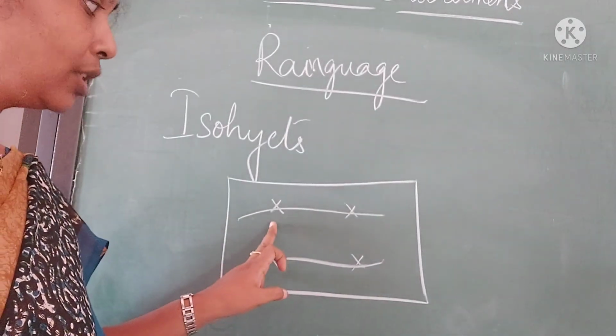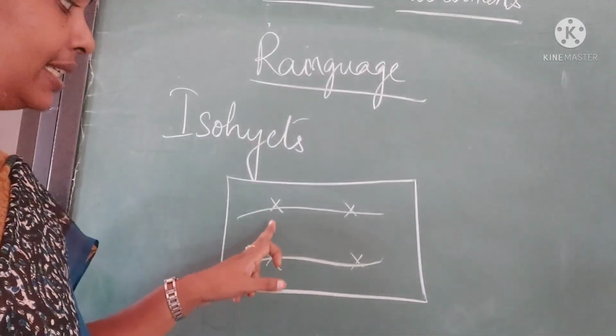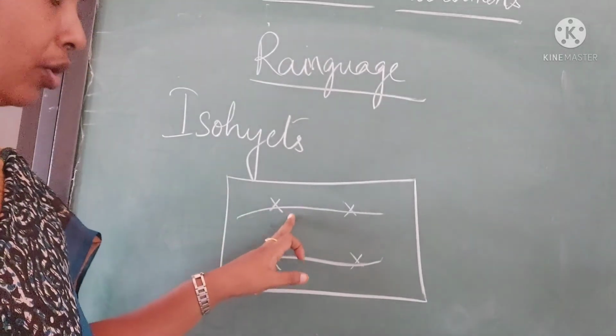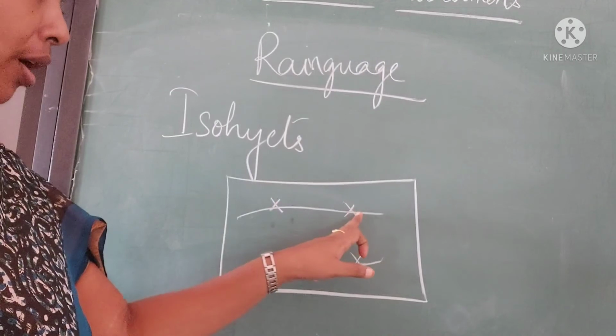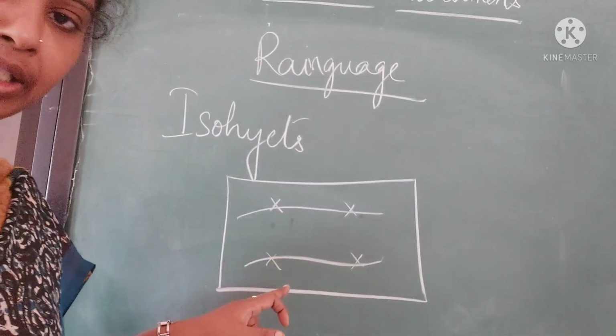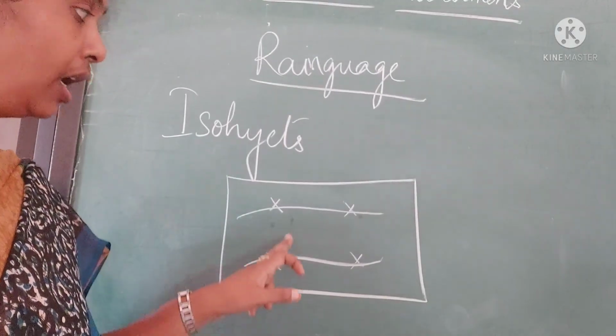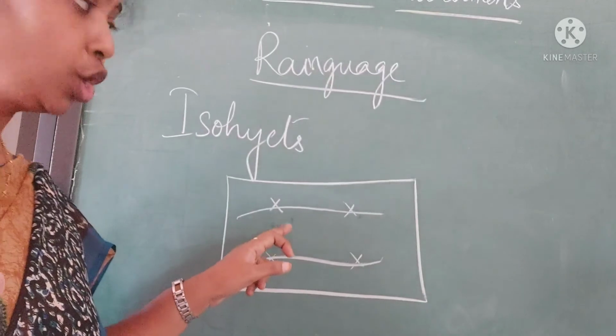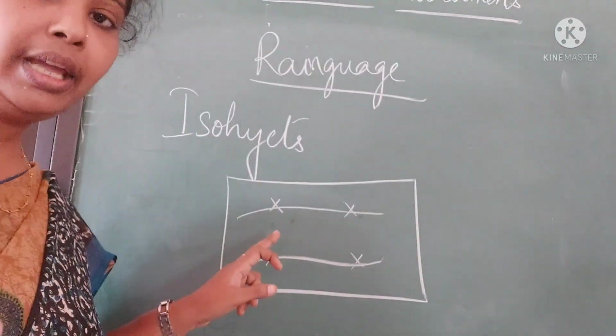Now these are isohyets. These are imaginary lines which show the amount of rainfall, joining places with equal amounts of rainfall. We have seen isotherms and isobars. Just like that, isohyets are imaginary lines which join places with equal amounts of rainfall.